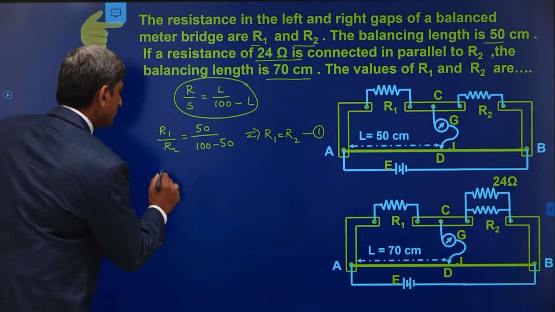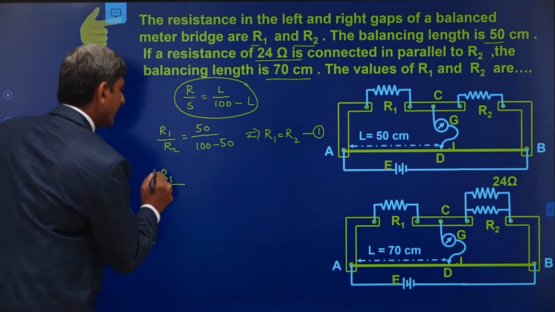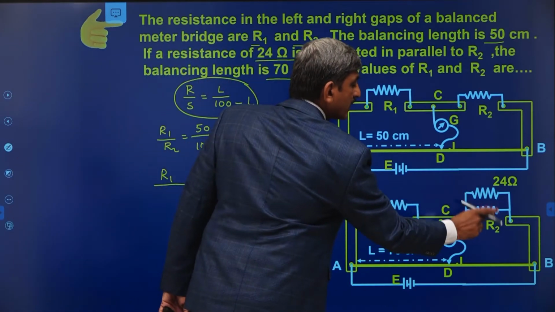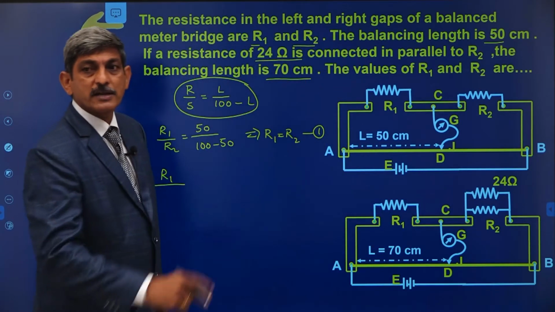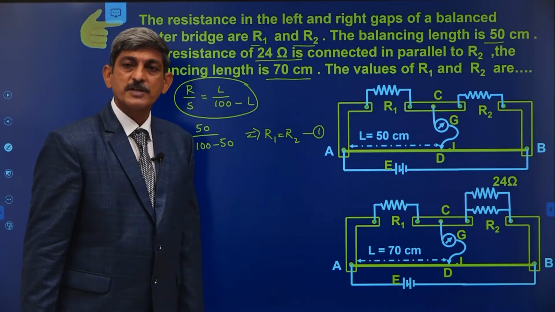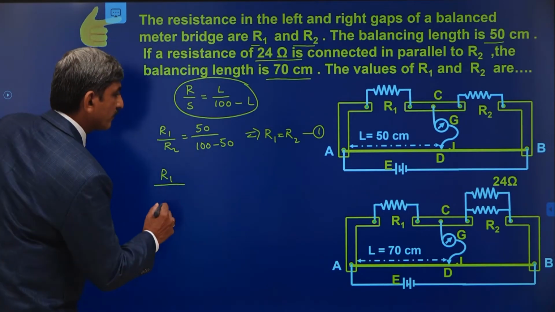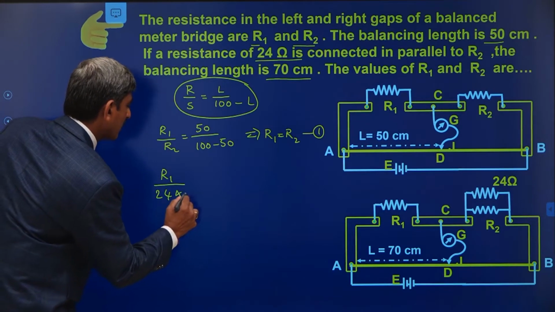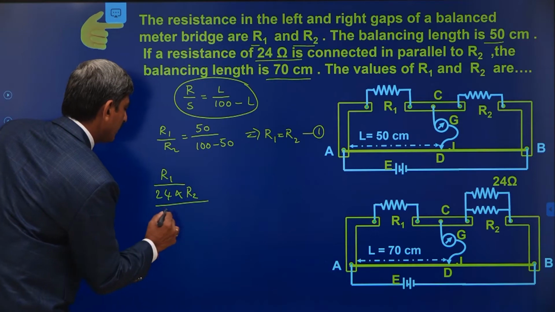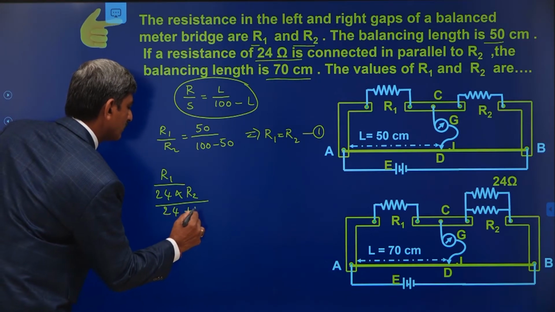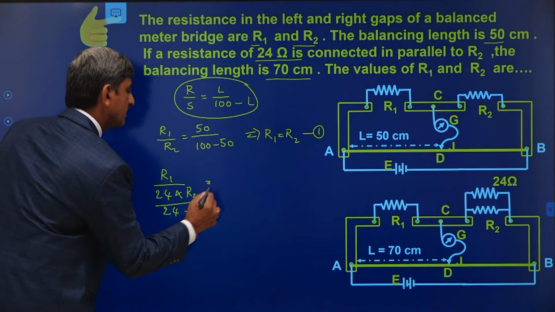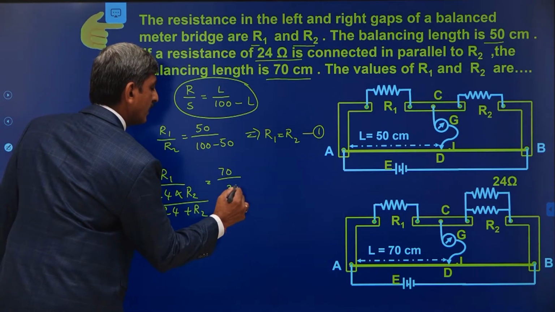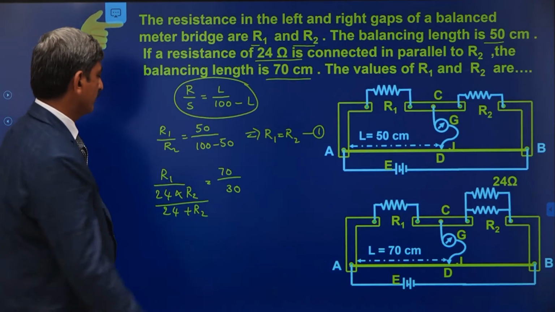We have R1 by what is the resistance in the right gap? These two are in parallel, so apply the formula R parallel is equal to R1 R2 divided by R1 plus R2. From that we have 24 into R2 divided by 24 plus R2 is equal to 70 by 100 minus 70, that is equal to 30.